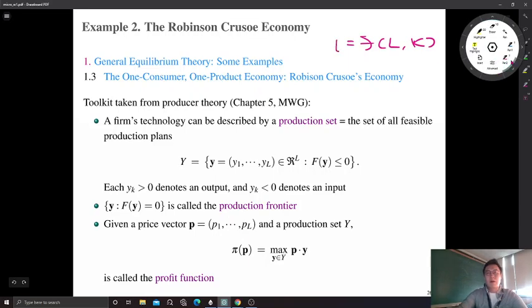Q equals f of labor and capital. A production function means that if the firm uses labor and capital, then this shows us the highest possible level of output the firm can produce given these two inputs, right? That is a production function. But that is appropriate if the firm produces one homogeneous good.